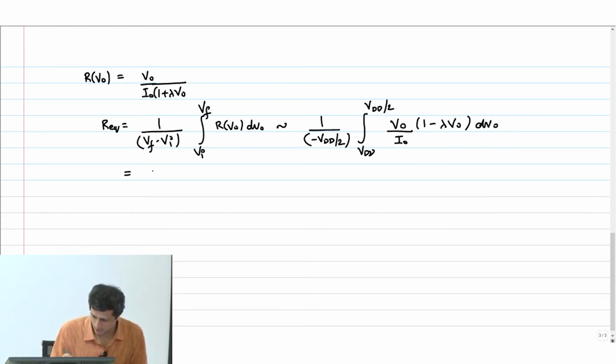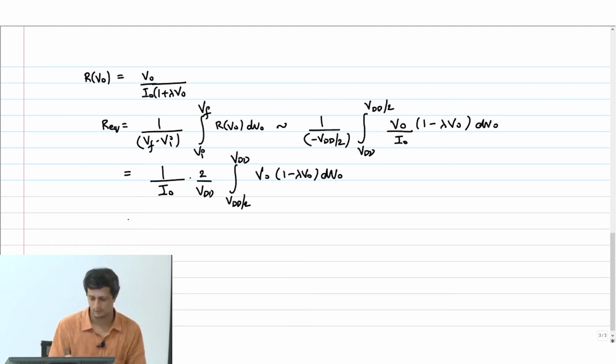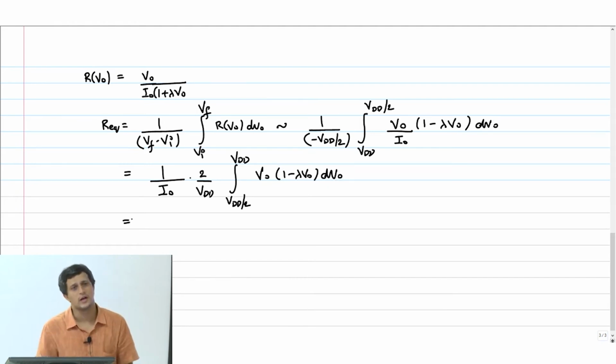Of course, now I naught is a constant, so I will just write into 2 by VDD, into V naught into 1 minus lambda V naught dV naught, right?